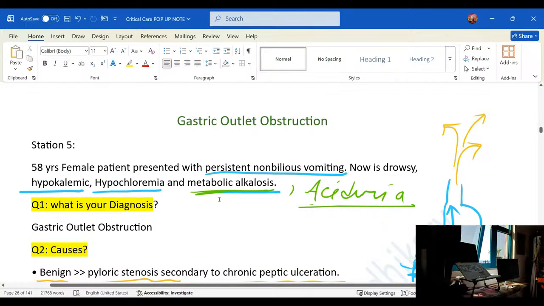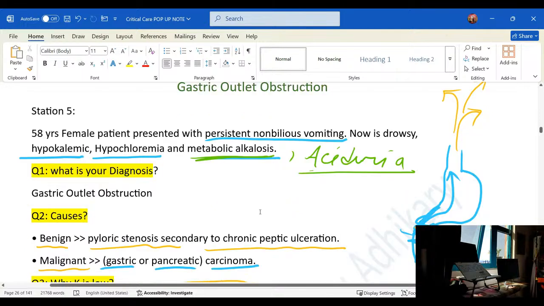Gastric outlet obstruction. A 58-year-old female presented with persistent non-bilious vomiting. Now she is drowsy, hypokalemic, with hypochloremia and metabolic alkalosis with aciduria. What is the diagnosis? Gastric outlet obstruction.